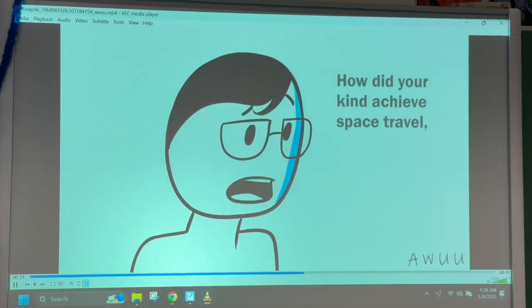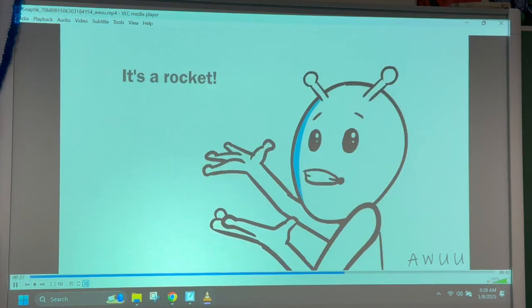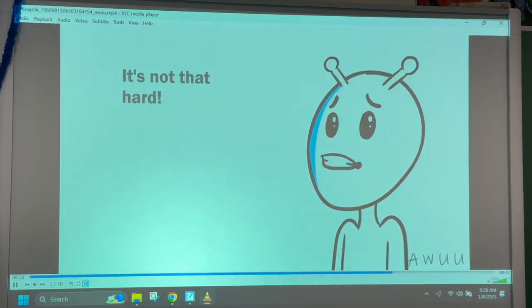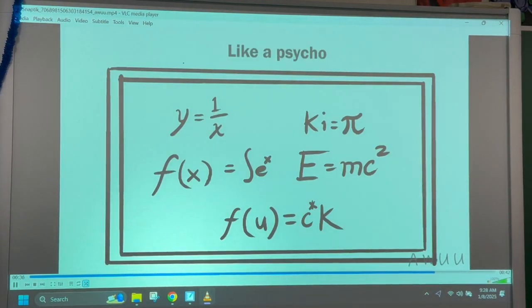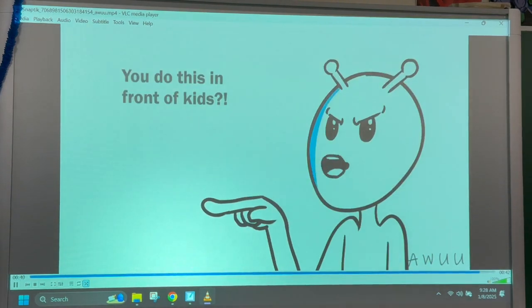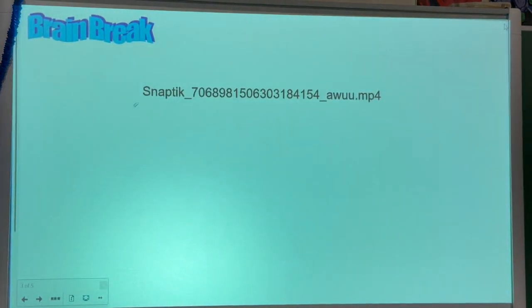How did your kind achieve space travel without performing the necessary calculations? It's a rocket. You blow some stuff up and it shoots you into space. It's not that hard. Oh my God, you even write it on the wall. Like a psycho. Well, that's a whiteboard. We use it so we can teach children. You do this in front of kids? Yes, we do math. That's right.